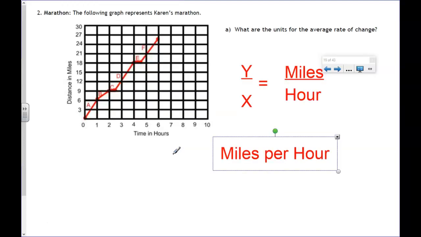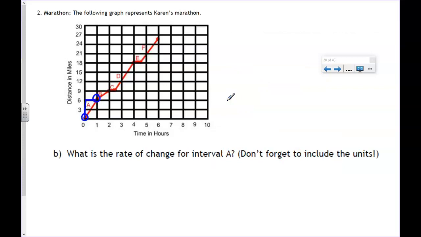Okay? All right. So in this scenario, we are doing a marathon, and we're asked to figure out what is the average rate of change. So remember, we talked about it's the change of y over the change of x. So in this case, it's miles per hour. So in this next one, we're asked to figure out what is the average rate of change for interval A. So we're going from this point to this point.